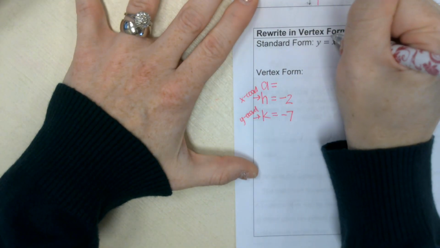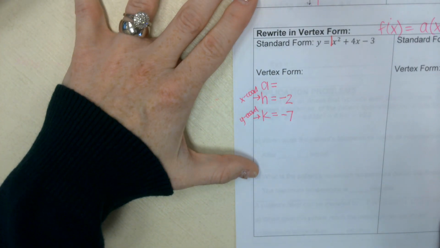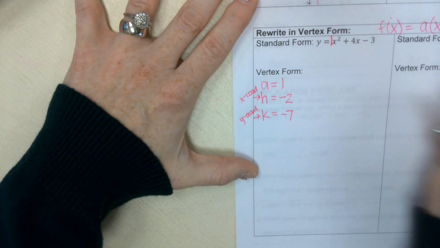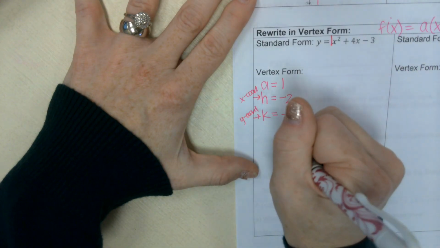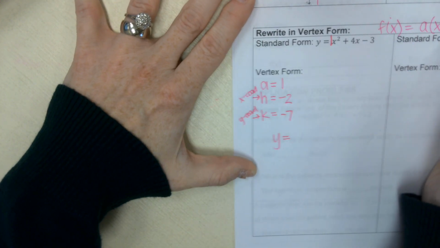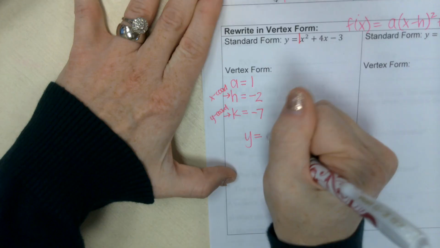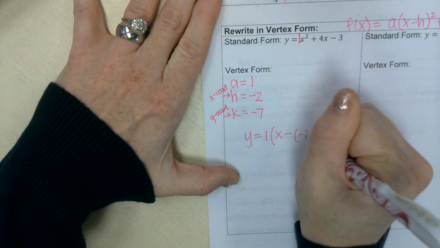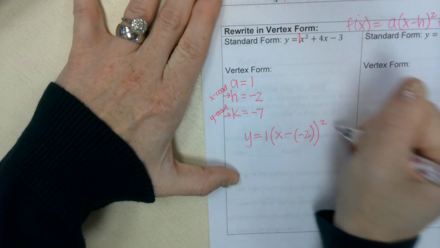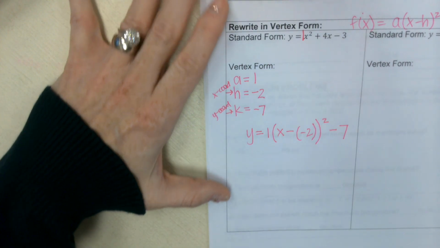And your a value comes from the number that sits out in front of that function. So my a value is 1. Now, if I plug this into my vertex form, my a value is 1. My h value is -2. And my k value is -7.